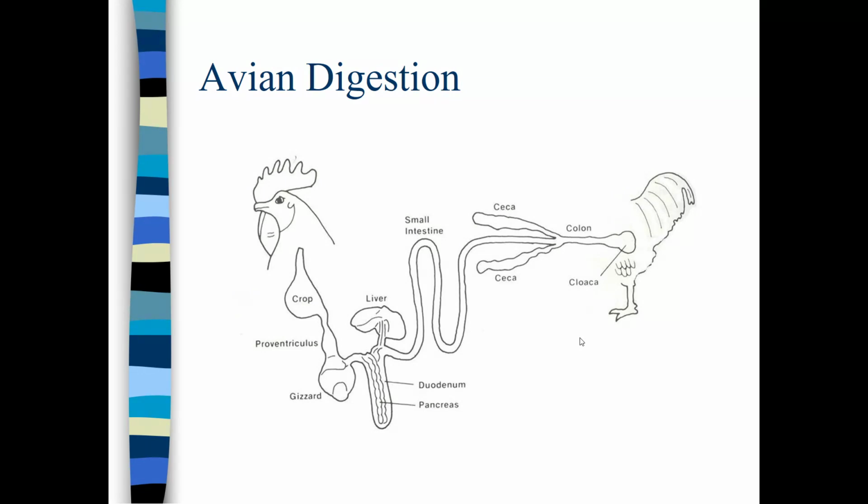Now, if you were to overlay this with the reproductive system of a chicken, you would see that the same vent area where fecal matter leaves is also where the eggs leave, and sometimes that's why we then need to do some cleaning of eggs before they're consumed.